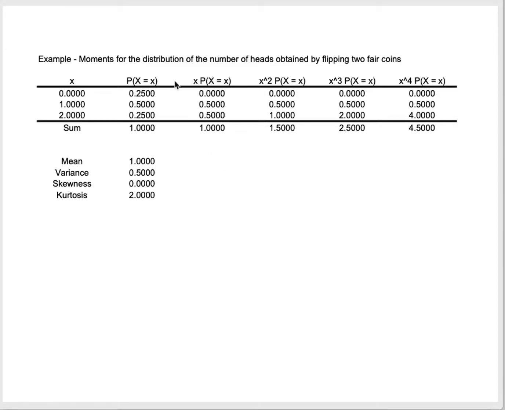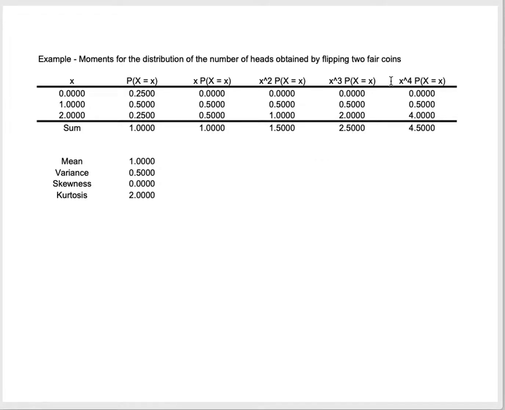So in this third column, I've got values of x times the PMF. So the product of the first two columns. So 0 times 0.25 is 0, 1 times 0.5 is 0.5, and then 2 times 0.25 is 0.5. And then I have the column total, all right? And then in this fourth column, I've got values of x squared times f of x, and I have the column total for the fourth column.